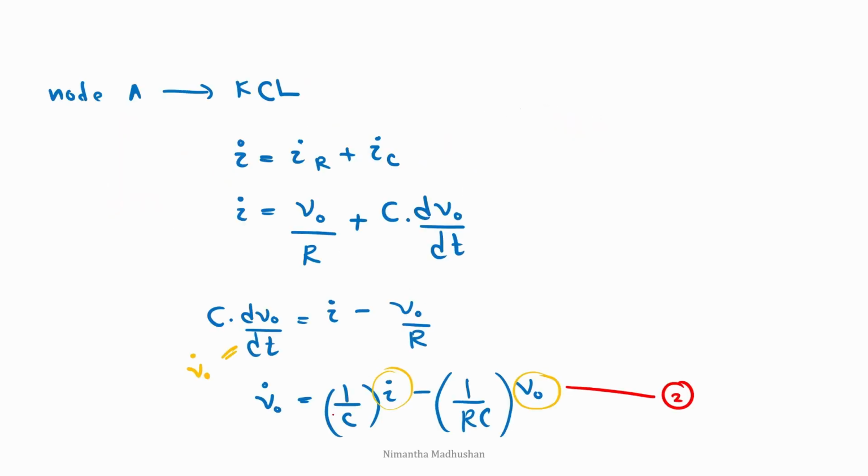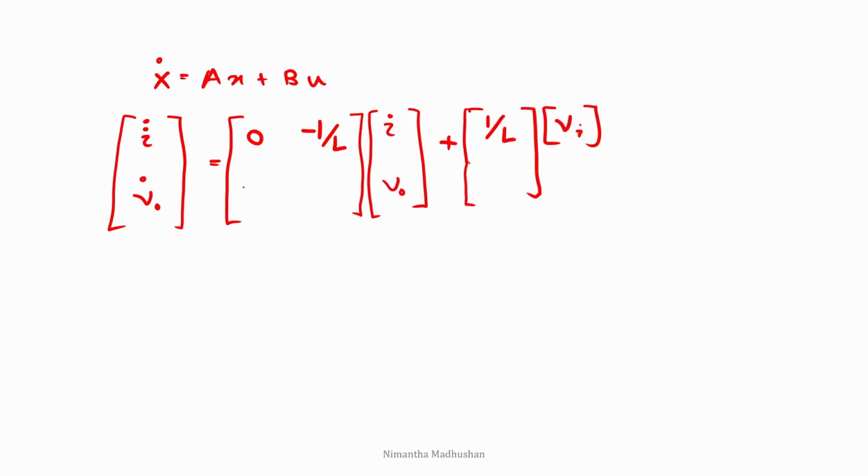Now we have to consider the second equation. Vout dot is equal to 1 over C into I, and minus 1 over RC into Vout. There are no input voltage terms, then it will be 0. And if we consider output, I consider Vout is the output variable of this system.